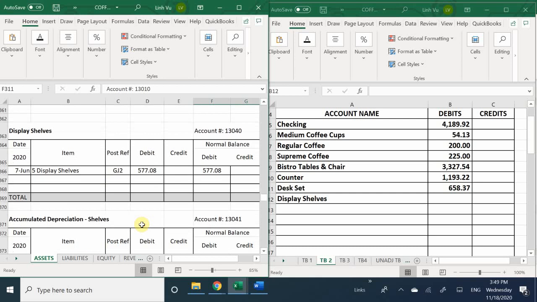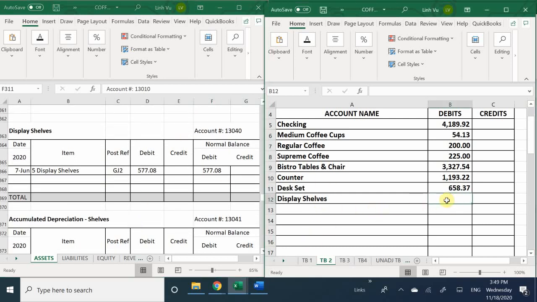How much are my display shelves? $577.08. Yes, 577.08. Good. Okay.